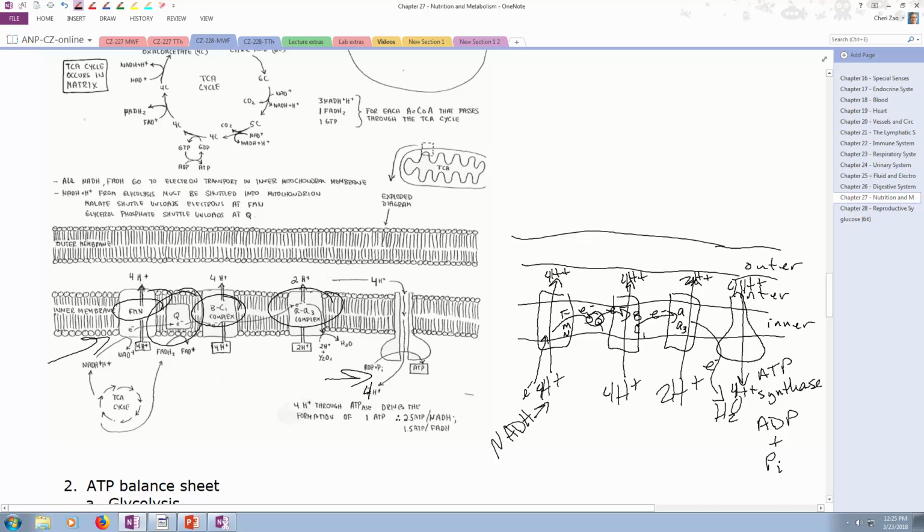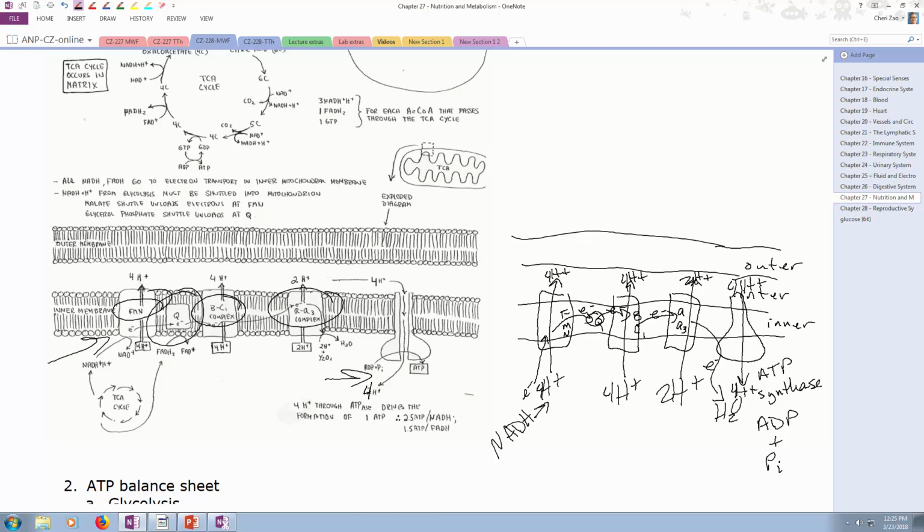So with this process, with one NADH, how many protons do we have in the intermembrane space with one NADH? 10.